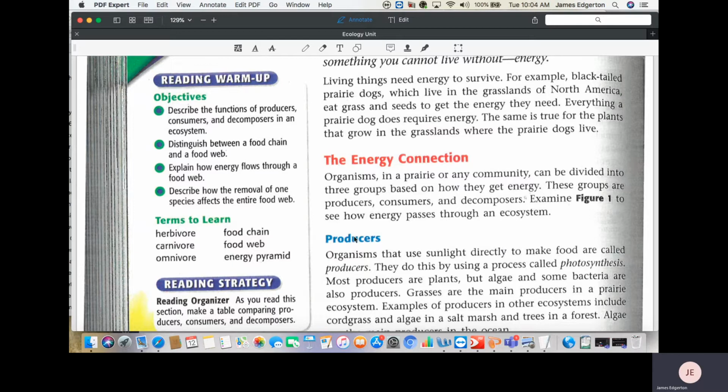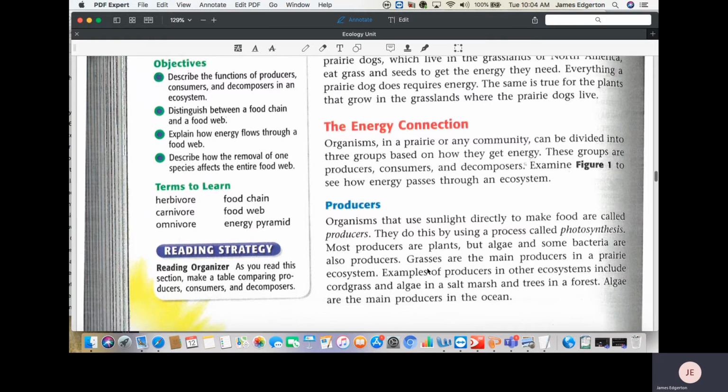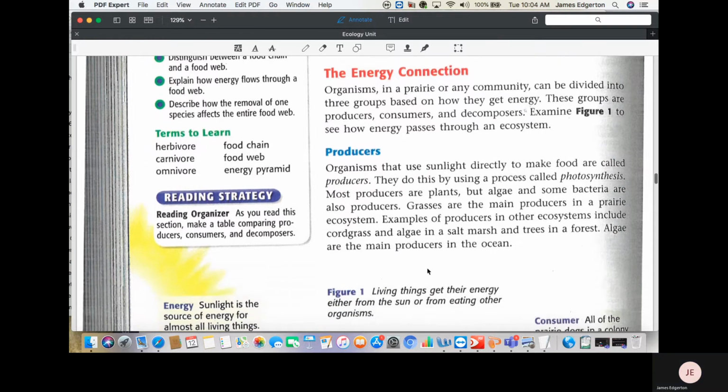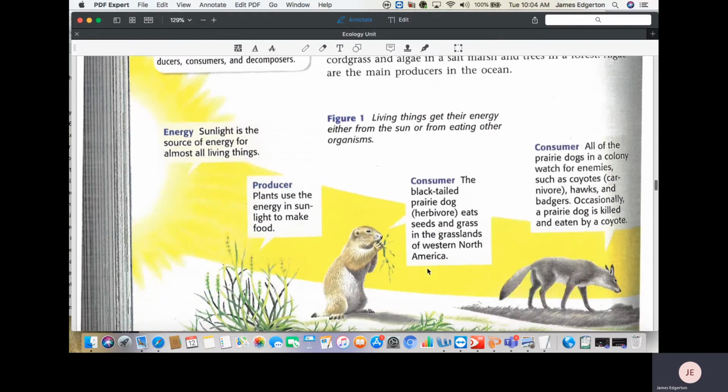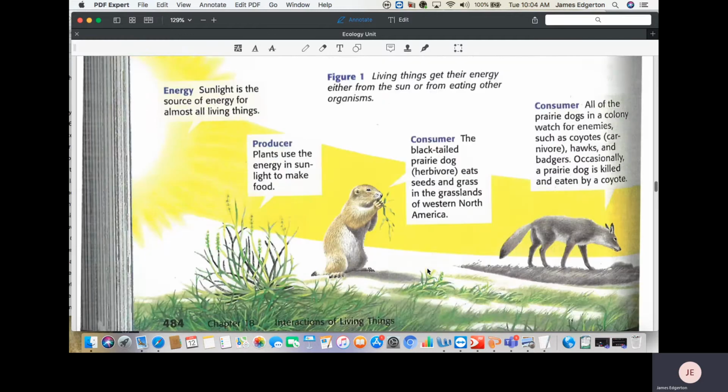The consumers can't produce their own food, and survival is much more tricky for them. If you had to weigh all the creatures in an ecosystem, the consumers would be a lot smaller in mass compared to the producers.